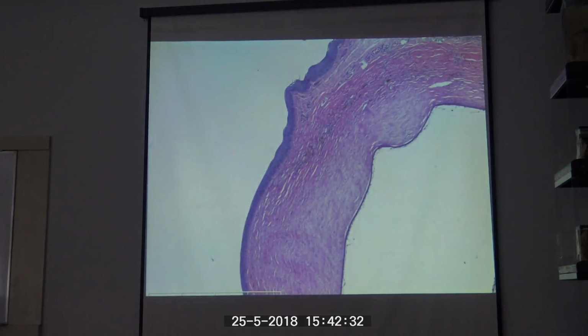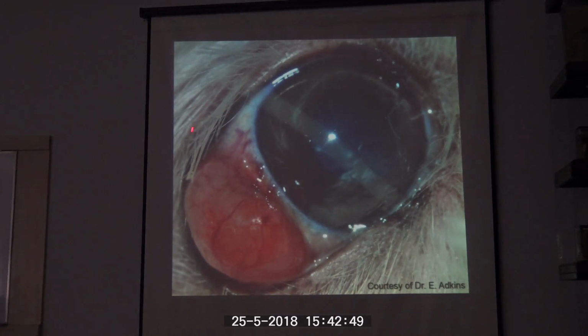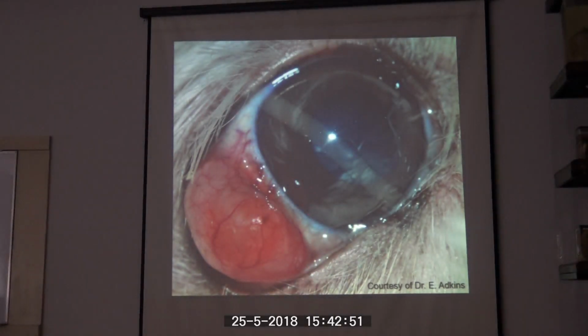Now, just before we move further into the eye, I would like to point out the episcleral region. So we are at the level of the limbus going into the cornea, where we would have the sclera and the episcleral region. And that is where we expect to see this type of nodular lesion, nodular granulomatous episcleritis.